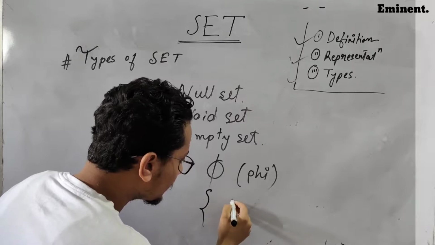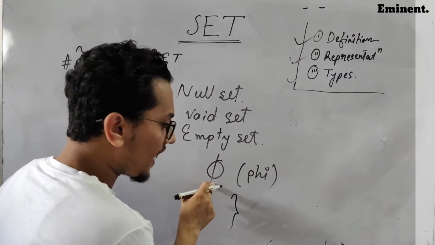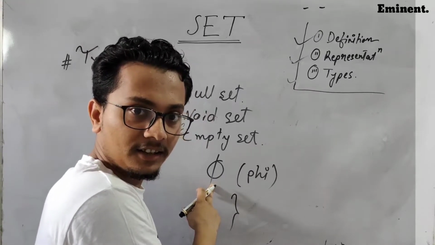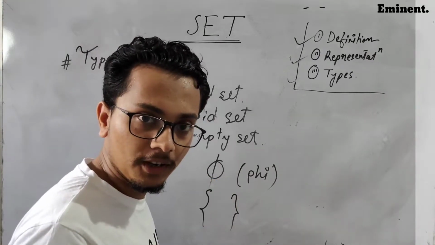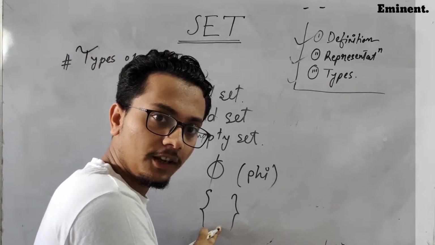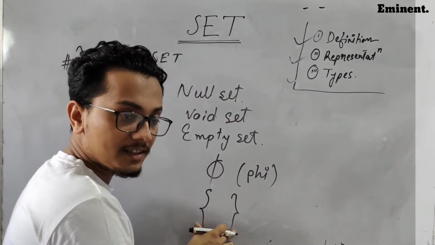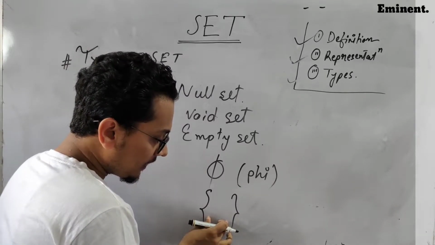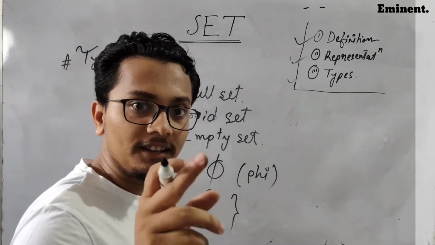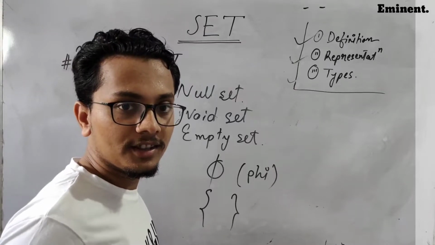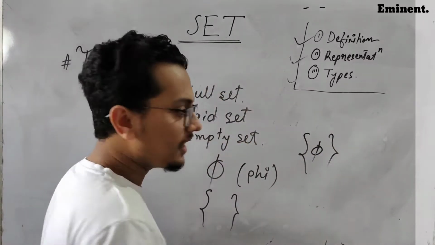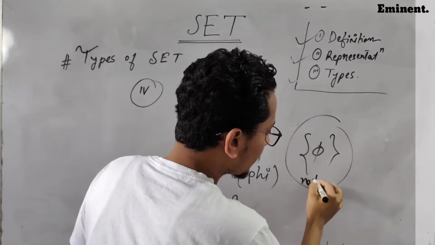This phi is a null set. To represent a null set, if you just write this phi, it is okay. Or if you write just these braces, then it is okay. Remember that if you give these braces, then no need to write anything inside, right? If you write anything inside, then it will not be a null set. Suppose you have written phi within the curly brackets, then this is not a null set.